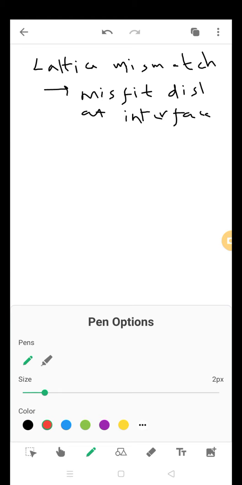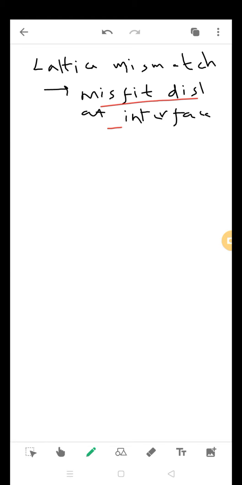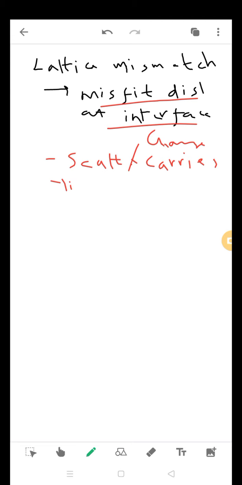This misfit dislocation at the interface will cause scattering of charge carriers, also limited carrier mobility, and also cause non-radiative recombination.